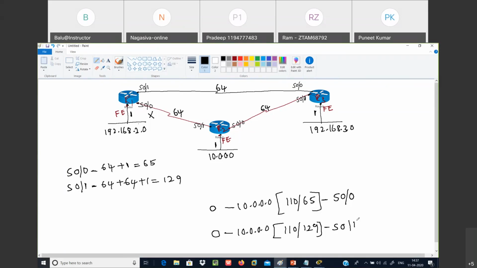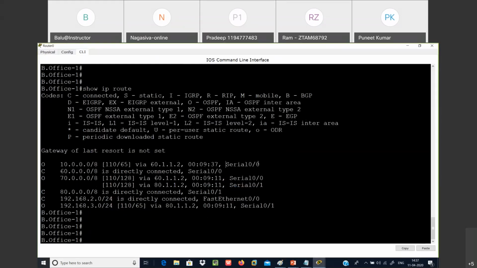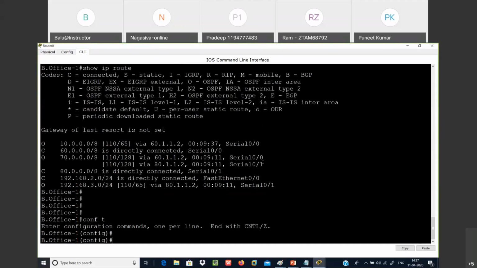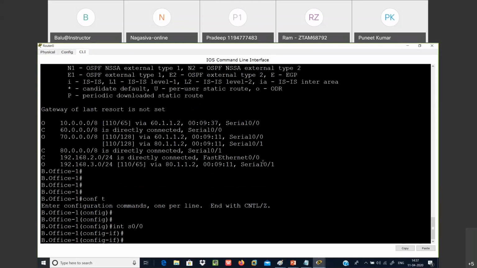Via serial 0/1. Let me check now. I'm going to make a link go down. Which interface goes down? Serial 0/0. Let me configure terminal, interface serial 0/0, shutdown.